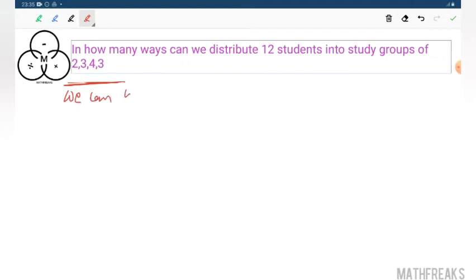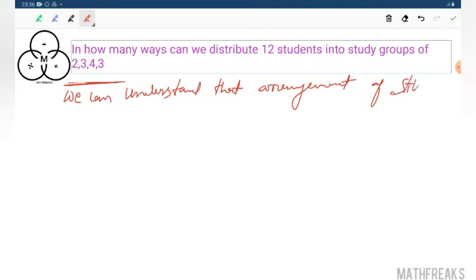We can understand that arrangement of study groups does not matter.